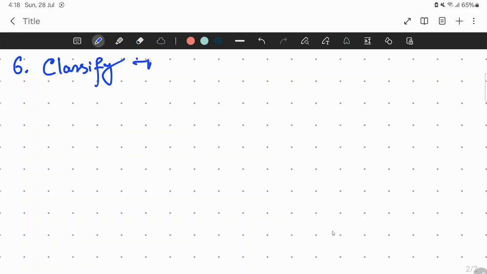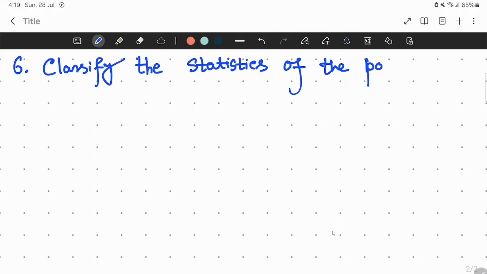Classify the statistics of the particles. So it is better to discuss this first, then I will discuss the other question.